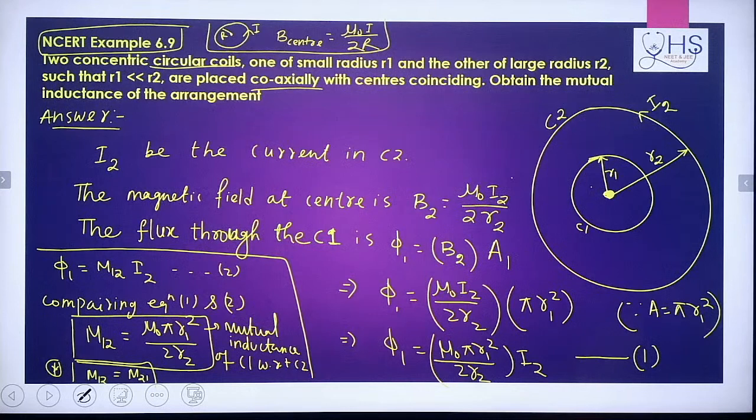You can remember this. Sometimes direct questions can be asked on this one. So it is a star mark point. Remember, directly it can be asked: if R1 and R2 are given, then what is the mutual inductance? So in this way you can calculate mutual inductance. So remember the direct formula, and check the derivation also.